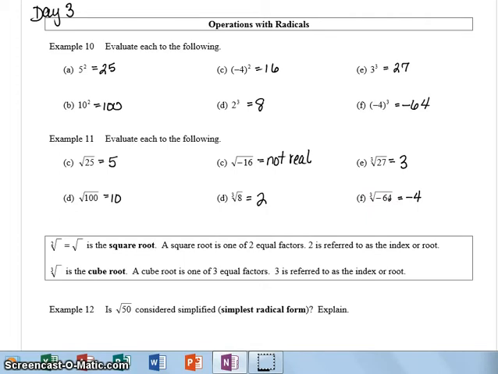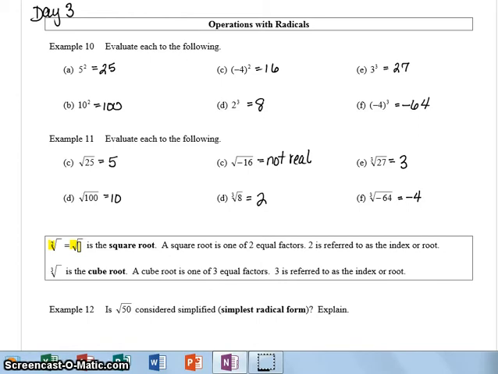Okay. Alright, this next little blurb in the box is super important. The square root, okay, so this right here is called the index. So square roots have index of 2, but as you can see, a normal square root, we don't write that the index is 2. You just kind of have to know that that's how we write it, okay?